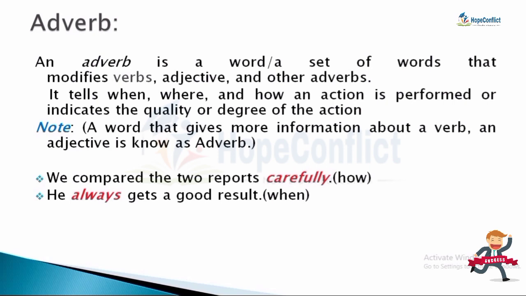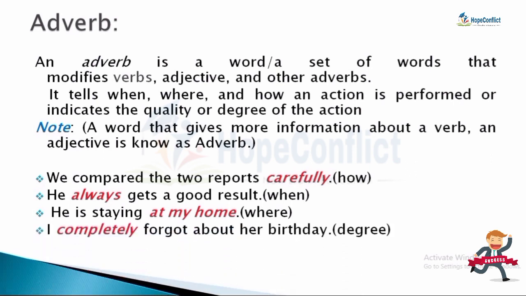In this example, adverb is always. And in the next example, he is staying at my home. The question is, where is he staying? The answer is at my home. This is more information about your verb, that is staying. So where is he staying? At my home. The adverb is at my home. Okay, let's see next example.